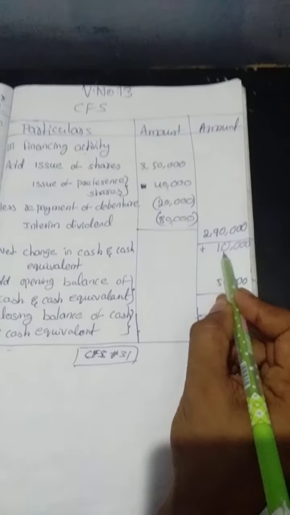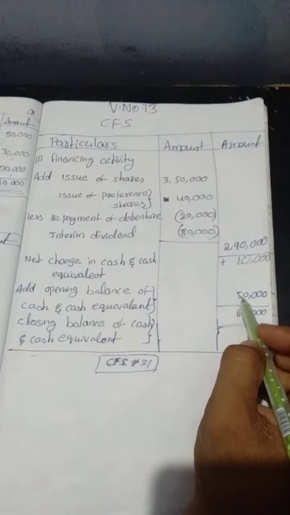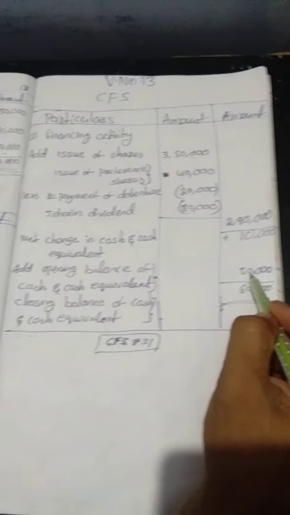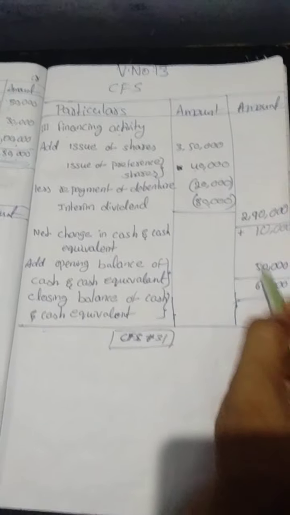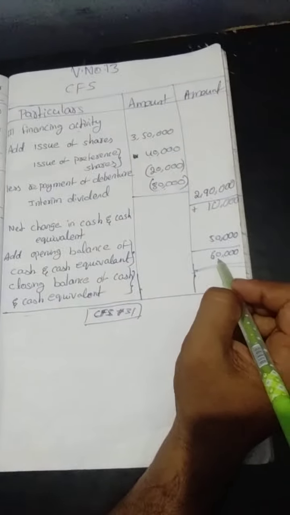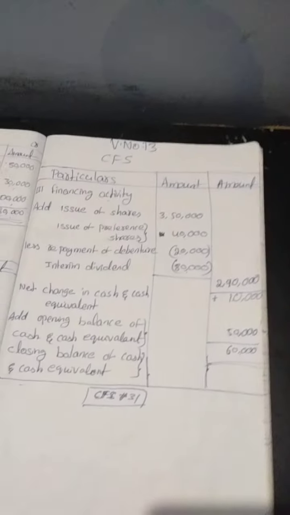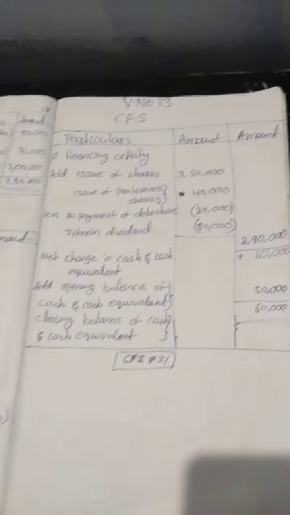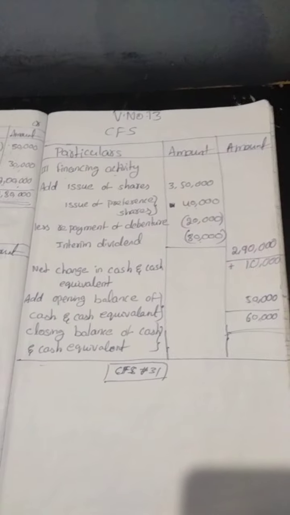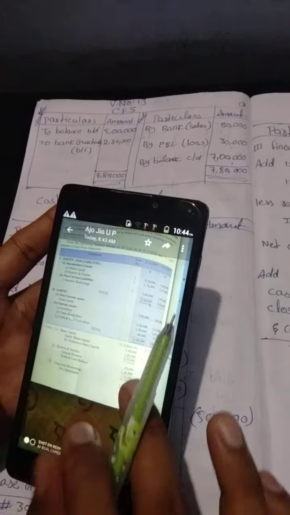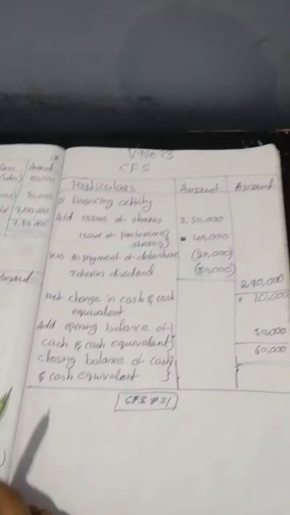The amount was 10,000, and adding the opening balance of 50,000, we get 60,000. This matches the closing balance of cash and cash equivalents given in the question. You can see in the question, cash and cash equivalents are given as 50,000 and 60,000. Thank you.